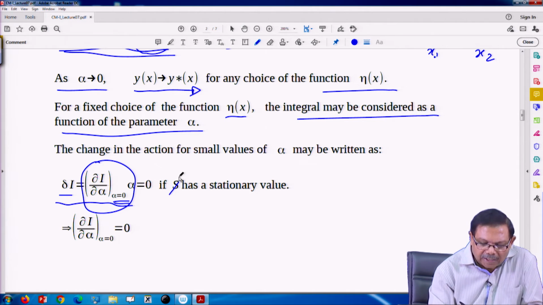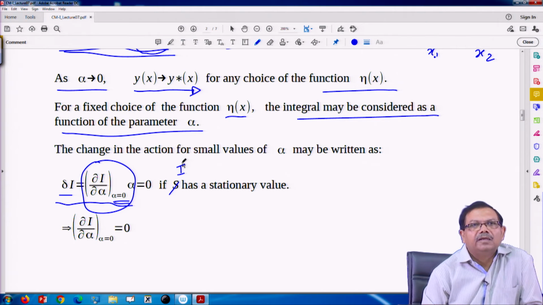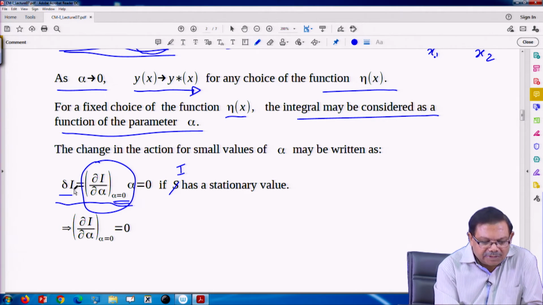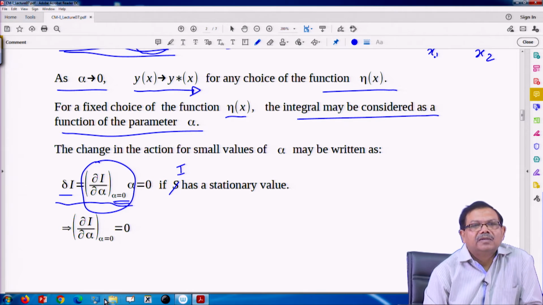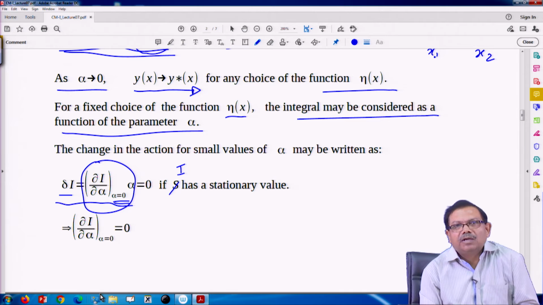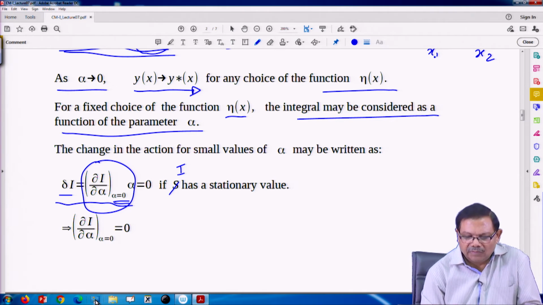So, if the integral I has a stationary value, then this change in integral has to be 0. Suppose I have reached a stationary value. So, I have already chosen a specific path y star x. So, the value of the integral is stationary.